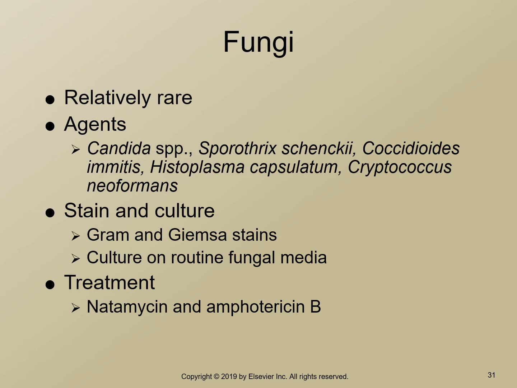To diagnose fungal conjunctivitis, the clinician has to have a high suspicion of a fungal origin, and the laboratory has to be alerted to ensure that proper setup and recovery is available. The laboratory diagnosis includes recovery of organisms on routine media and detection on Gram and Giemsa stains. Treatment for fungal infections includes natamycin and amphotericin B ocular preparations that are used to treat the most common infections.